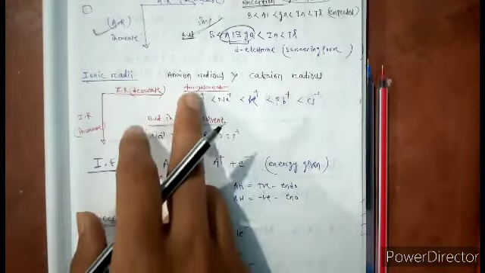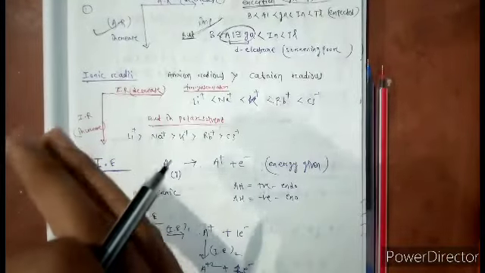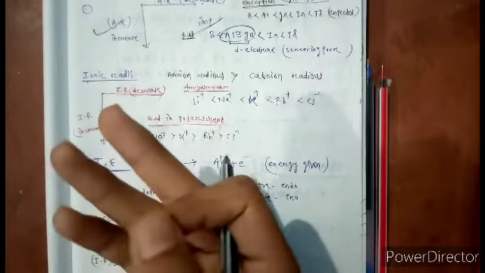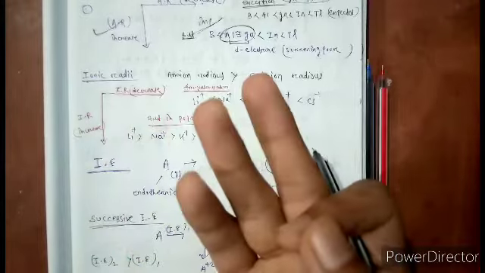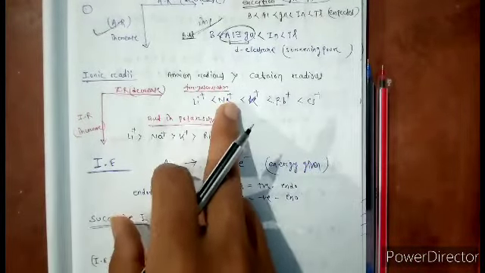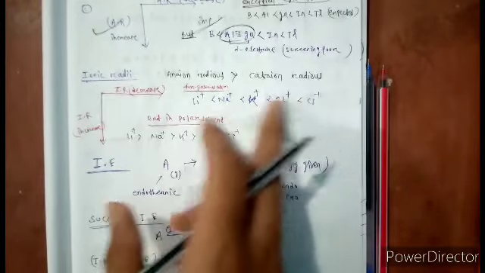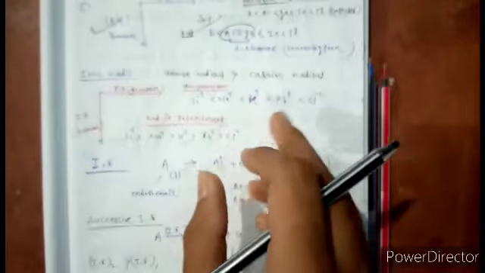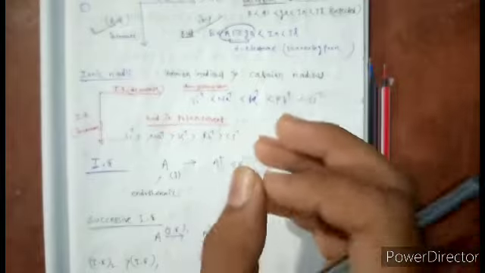Okay, for gaseous atoms, lithium, sodium, potassium, rubidium, cesium, we know that the ionic radius increases down the group.